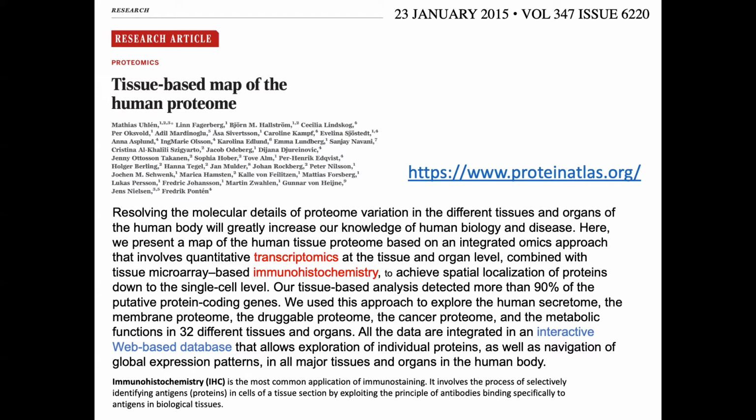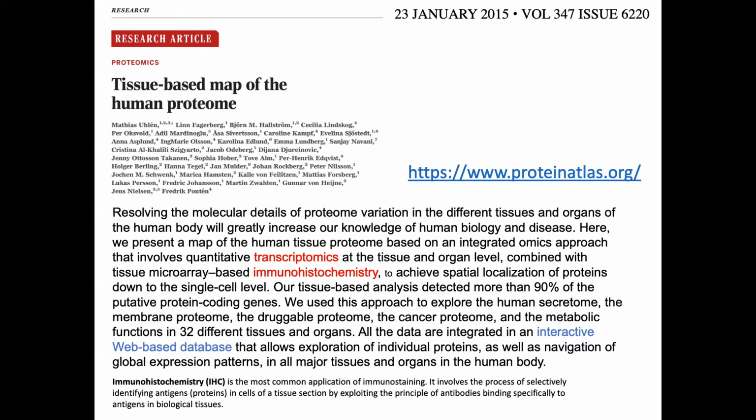So as I mentioned, this is a report of the Human Protein Atlas, or HPA project, which is a Swedish-based program started in 2003 with the aim to map all the human proteins in cells, tissues, and organs.